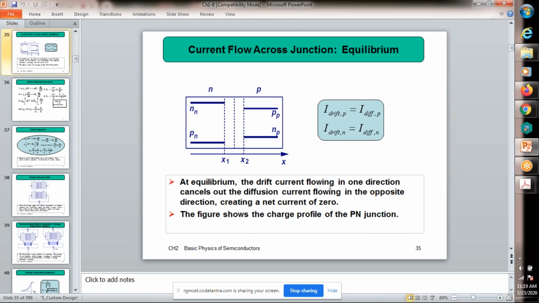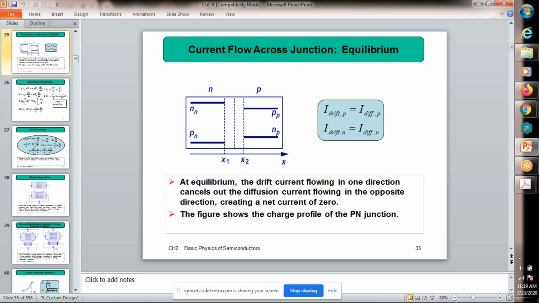Observe, at equilibrium the drift current flowing in one direction cancels out the diffusion current flowing in the opposite direction, creating a net current of 0. Why? Because it is open circuited. Here the terminals are not connected to any potential. In an open circuit, the current is always equal to 0. But there exists some voltage, while the current is equal to 0.